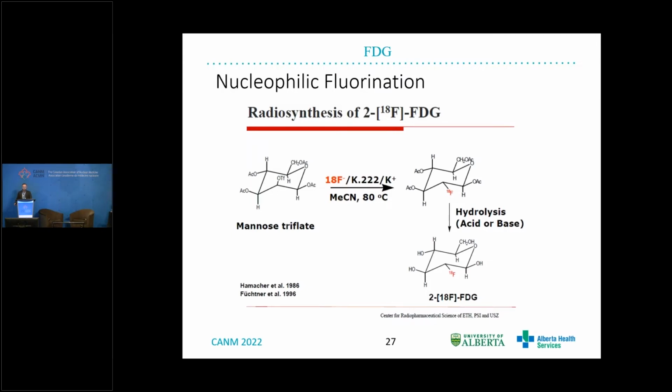So this is basically the reaction scheme to make FDG. You start with mannose triflate. You have F- in Kryptofix. You do hydrolysis of the protective groups, either acid or base, and you get FDG.